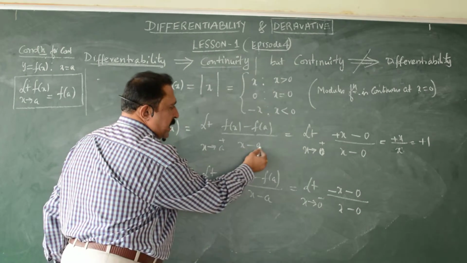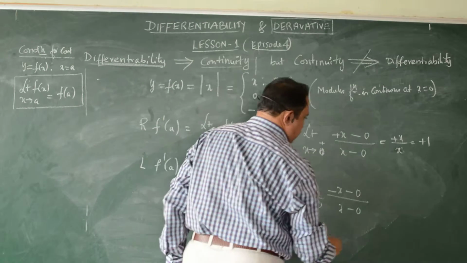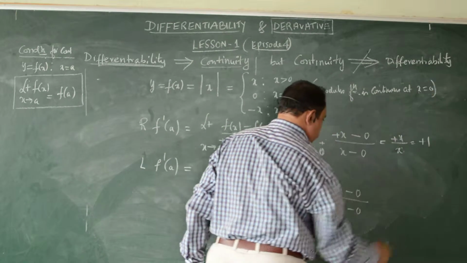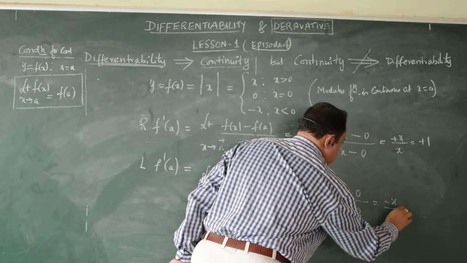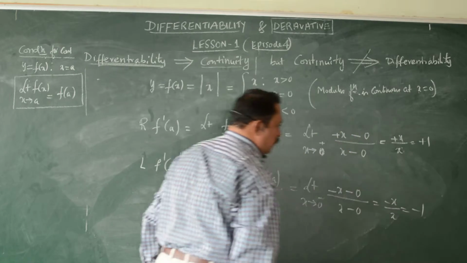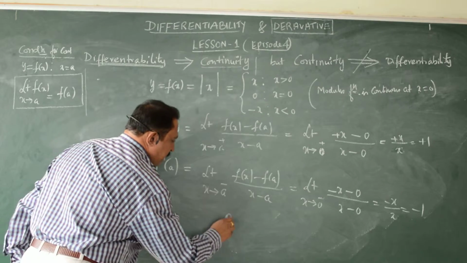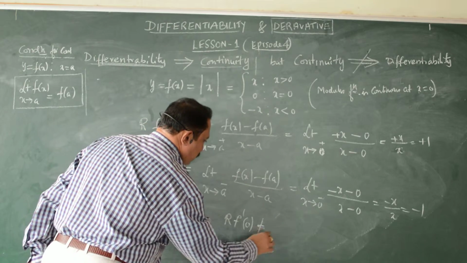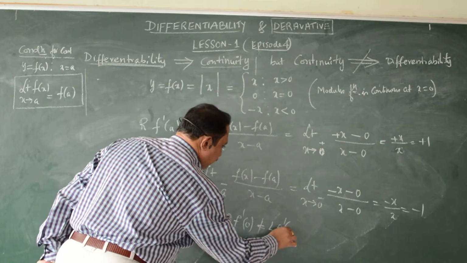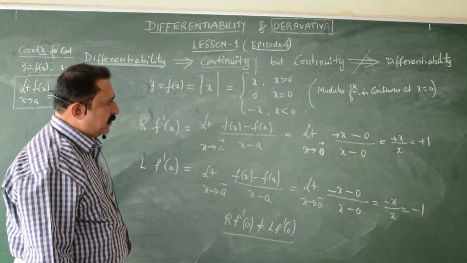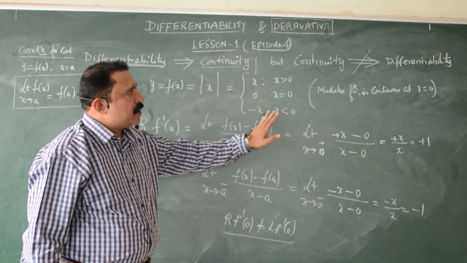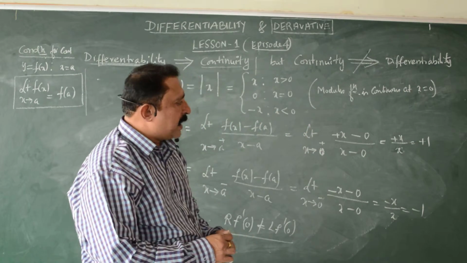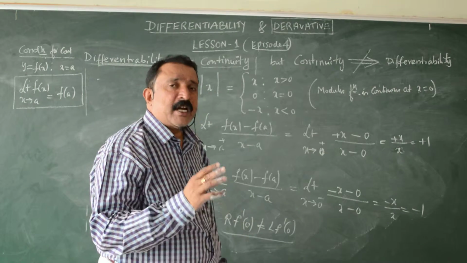Here a is 0, because we are testing at the point x equals a, where a happens to be 0. So this is minus x by x, that is equal to minus 1. So clearly the right hand limit is not equal to the left hand limit. Therefore, the modulus function is not differentiable at x equals 0, though it is continuous at x equals 0.